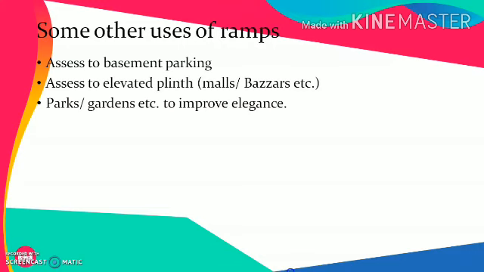Then it can even be helpful for access to an elevated plinth in malls or bazaars where you need to bring a good amount of goods kept in a trolley. It is always easy to carry a trolley with the help of ramps. And ramps can even be used in parks, gardens, etc. to improve the elegance. So these are some other uses of ramps.